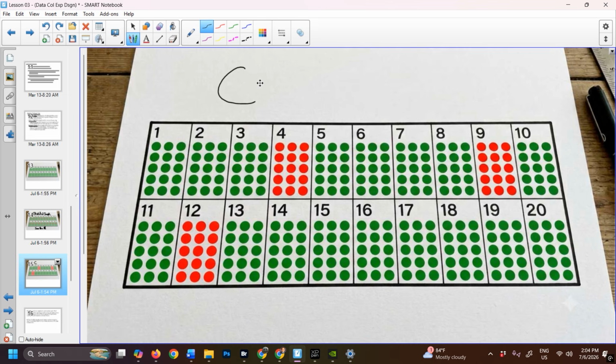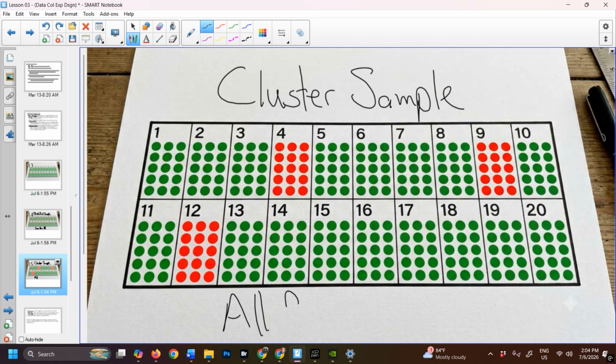This is your cluster sample, and this is all from some. Hope that makes it fairly clear.